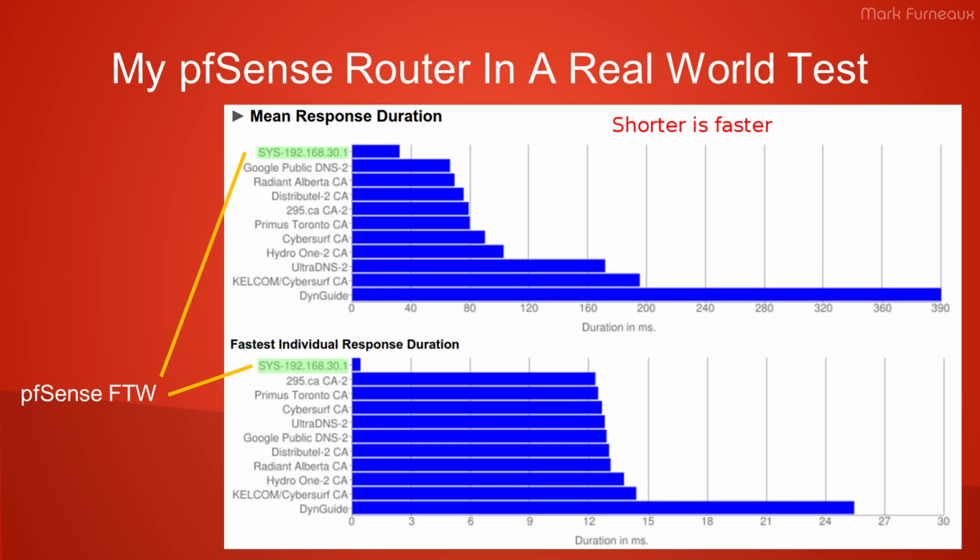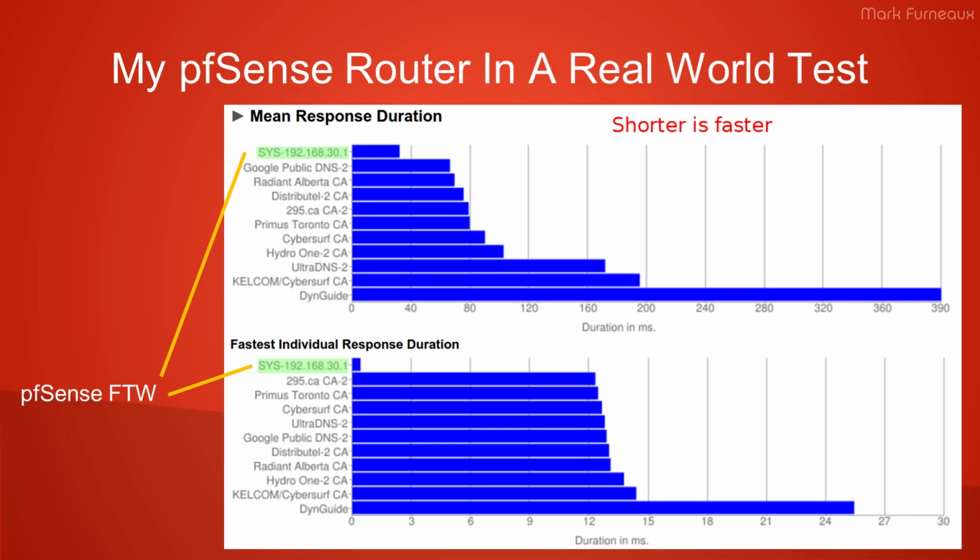So you can see I have a bunch of DNS servers. Most of these are all publicly available. They're publicly known, and you can see that the mean response duration, this is basically the average, is less than half of the next best DNS server, and the fastest response duration, which would correspond to the cached results, you can see how incredibly short that is compared to even the next best server.